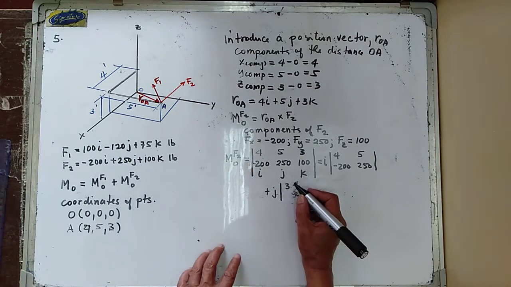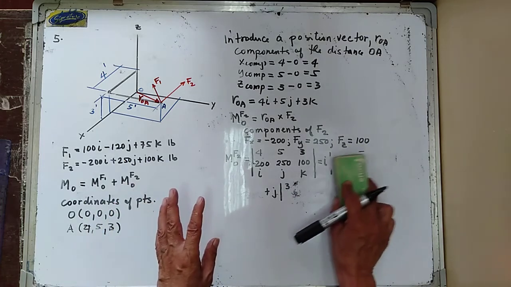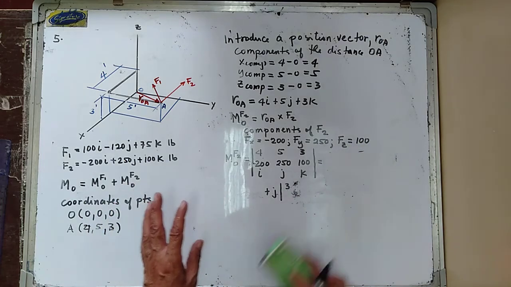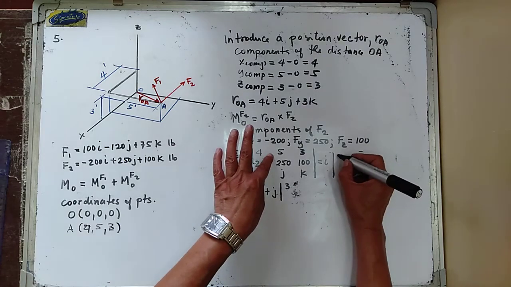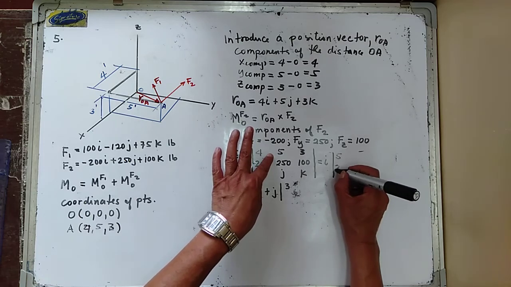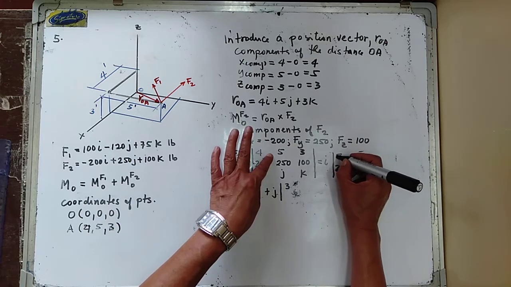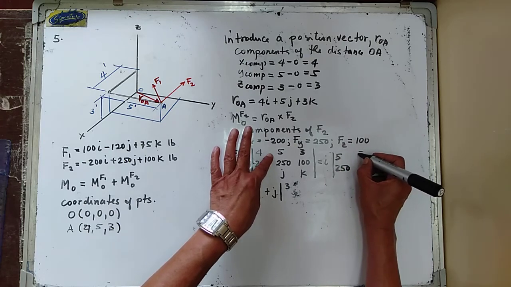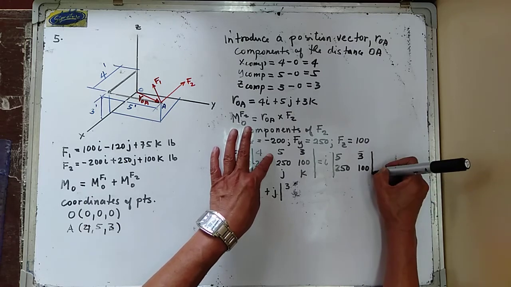And then, your i: eliminate the column of i and the row of i. So your i is 5 and 250, so that is 5, and then we have 3 and 100.